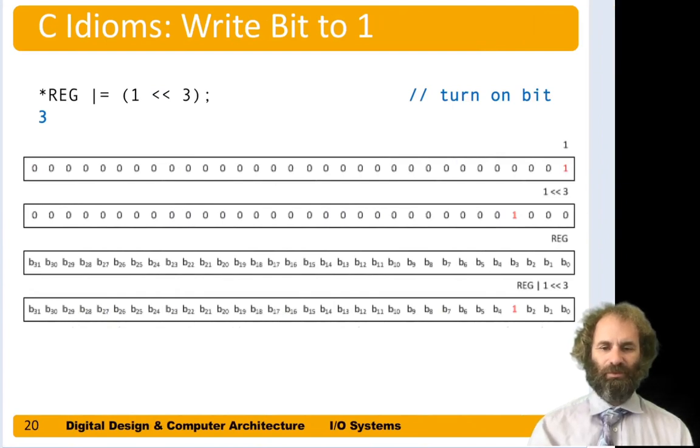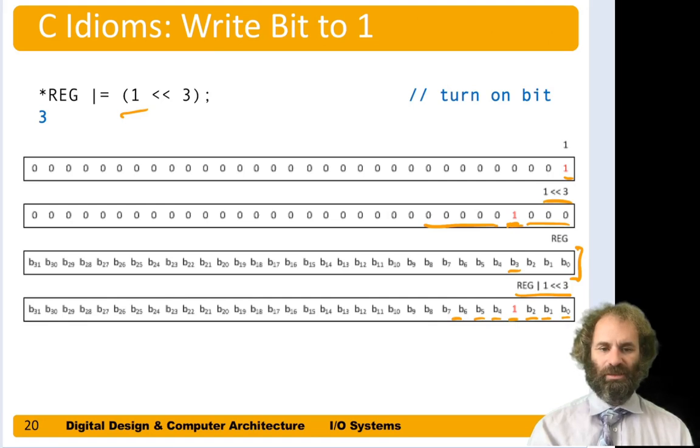As another example, if we wanted to write the bit to 1, let's start with a 1. We'll shift it left by 3, so now there's a 1 in the 3rd column and zeros everywhere else. Then we'll read the value of the register, which gives us our 32-bit value. We'll OR it with the 1 in the 3rd column. So 0 OR anything is itself. That leaves all the other bits of B. But 1 OR something is 1, so we force a 1 into the 3rd column.